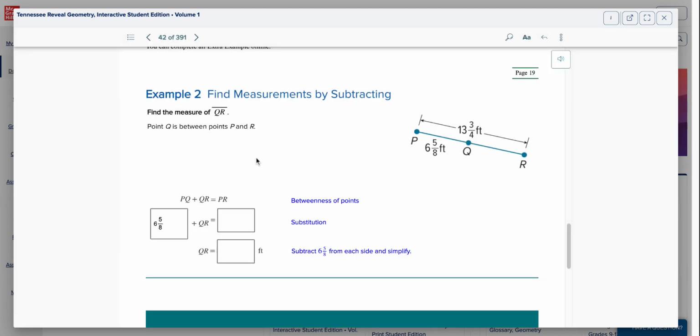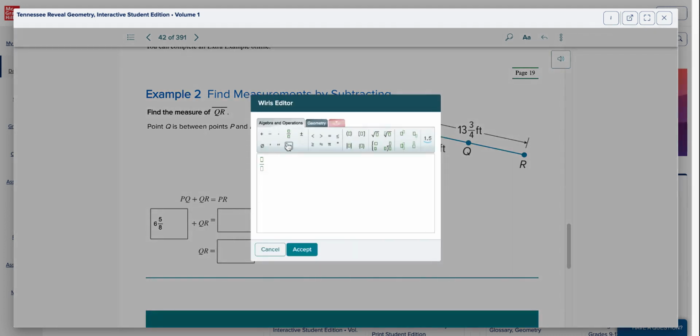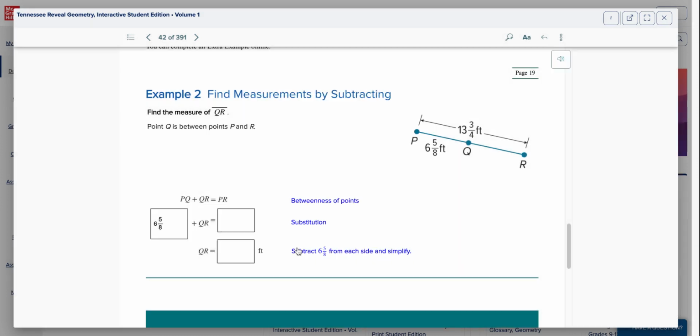So 6 5/8 for PQ. QR is what we're looking for, and PR goes right here, which is the 13 3/4. And go back here again, click this in the front, 13, top 3, bottom 4, and I'm going to hit accept. And of course, it tells you that we're going to do a subtraction.